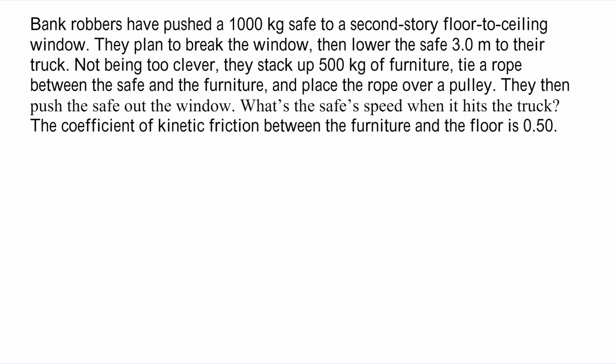Well, let's draw a picture of the situation. So we have the floor of the building and then the side of the building. And then down on the ground here, we have the truck. Amazing truck. This is the type of truck that criminals definitely would be driving. And then we have the pulley up here, furniture, rope, down, safe.